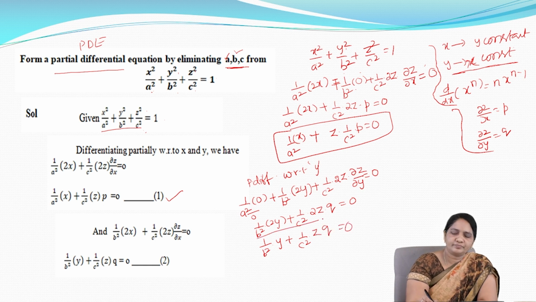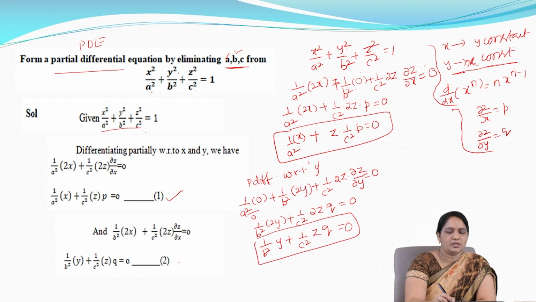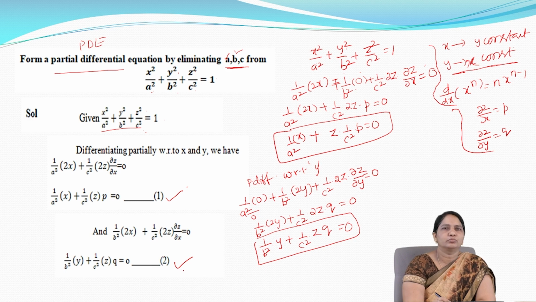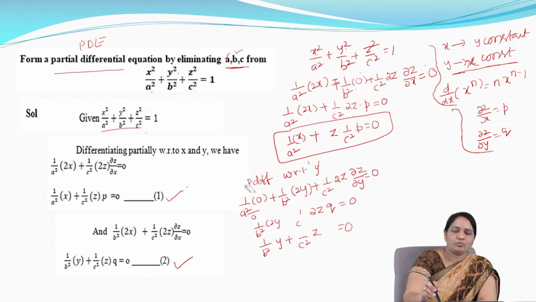So this is equation 2, after doing the partial differentiation with respect to y. After doing with respect to x, I got equation number 1. Now I am going to simplify these to form a PDE.